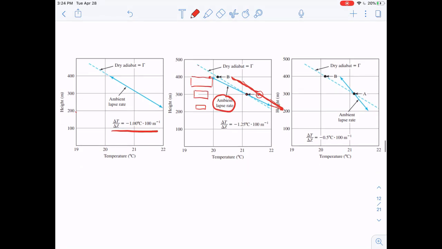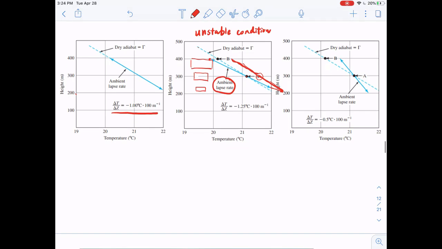We call this type of atmospheric structure the unstable condition. Basically the temperature at the surface is too high here, while the temperature at higher altitude is too low. This will cause the air temperature to always be warmer compared to its surrounding temperature. So the air will just keep rising up and rising up.